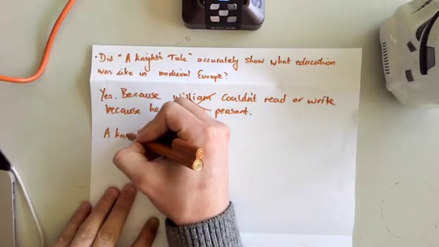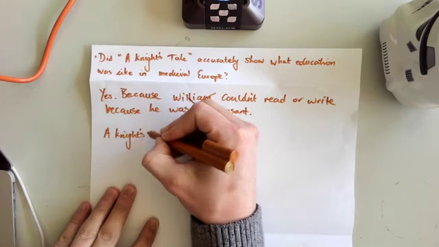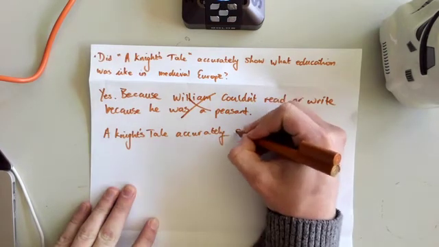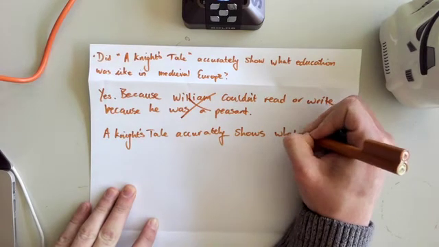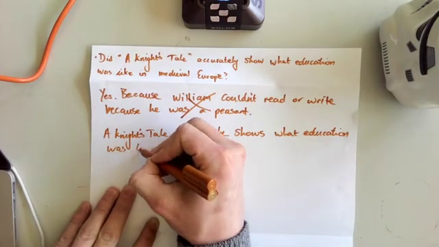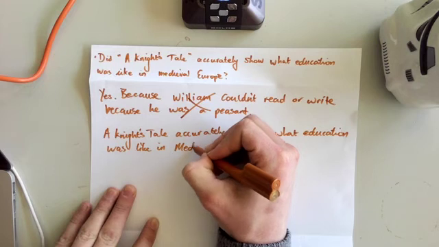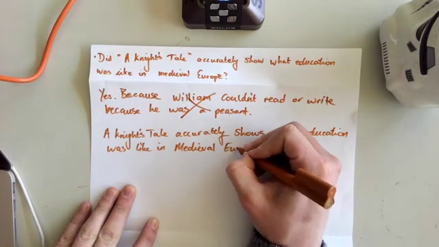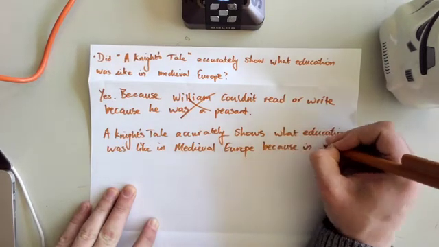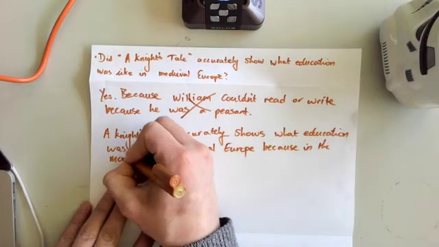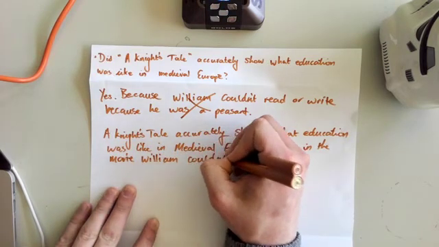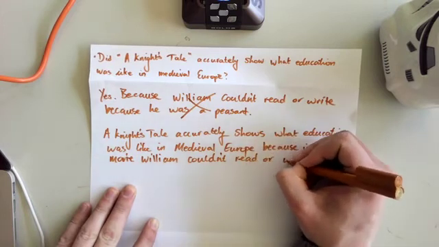A Knight's Tale accurately shows what education was like in medieval Europe because in the movie William couldn't read or write.